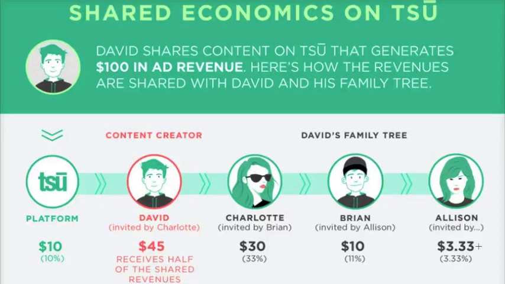So Allison can receive money off of ad sales even if the content that was used to create those ad sales was not created by her, but was created down her family tree. Even if she didn't bring on Charlotte or David, she still gets a portion of that. So what we're encouraging people to do right now is to grow their family tree and make children like Brian, lots of other children, and you want productive children that'll go out there and bring other people into the network, because if you're above them, that'll help you out financially.